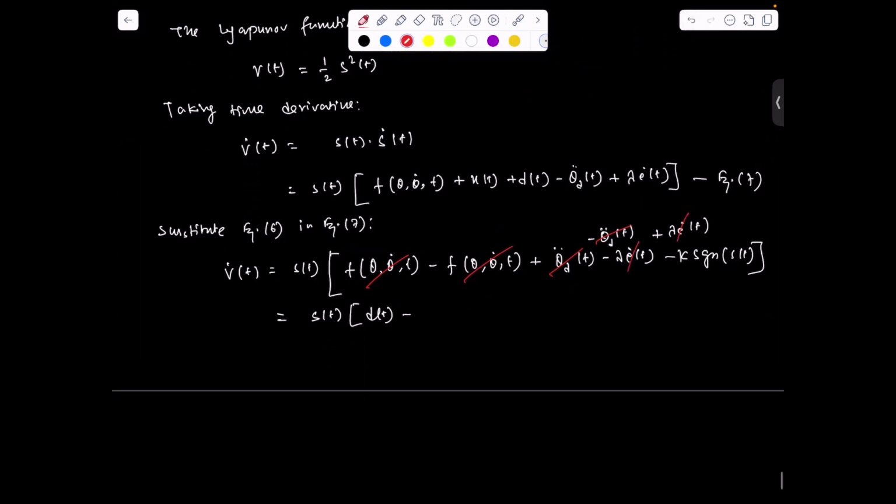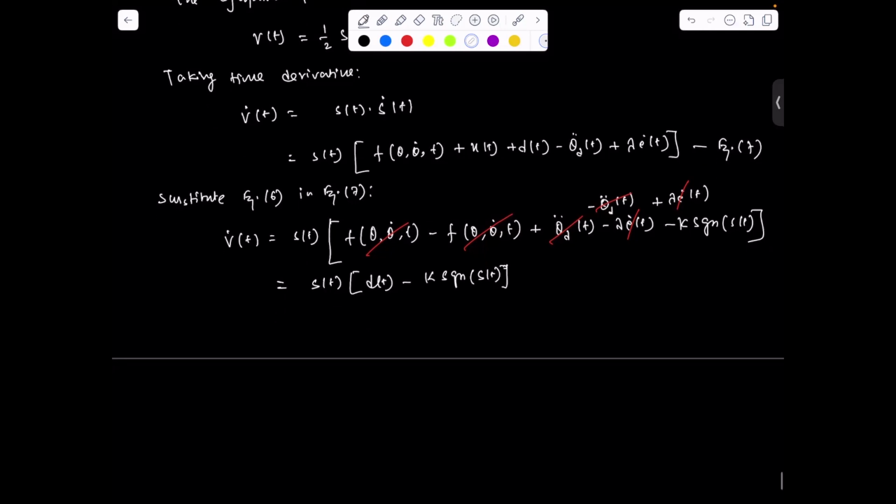Yeah. So finally, we can write d/dt minus k sign of s(t). Right.